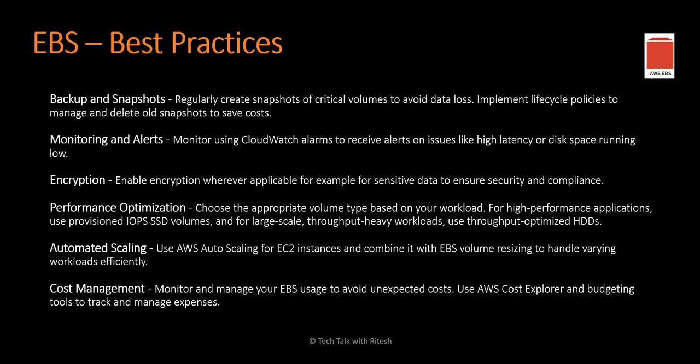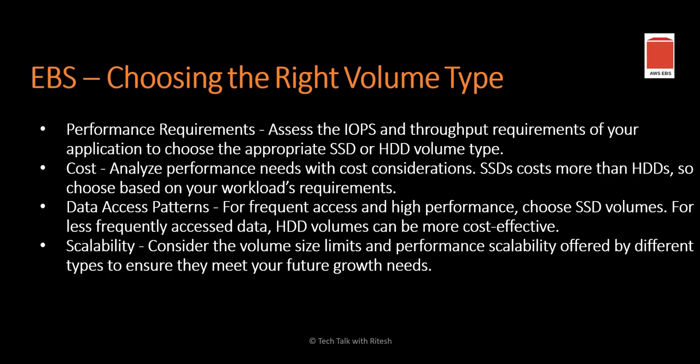Use the encryption feature, wherever security is applicable, we should always think of encrypting the data if it is sensitive. Then performance is the first priority of any application, so performance optimization, then automated scaling, cost management, and again choosing the right volume type.